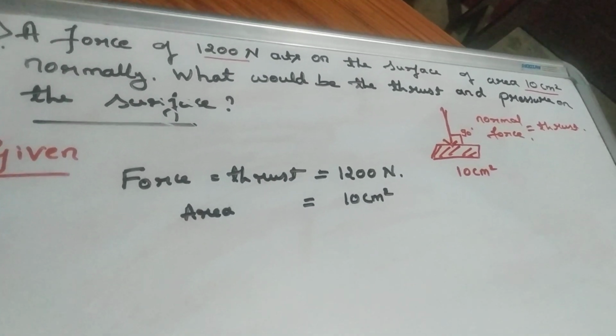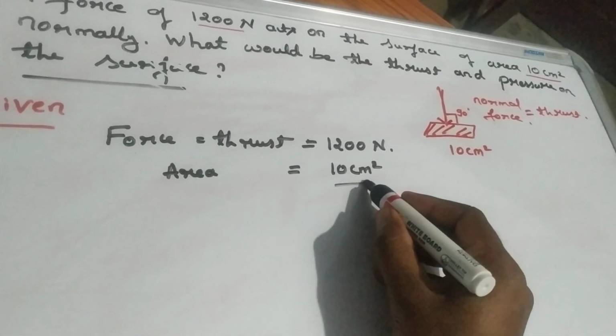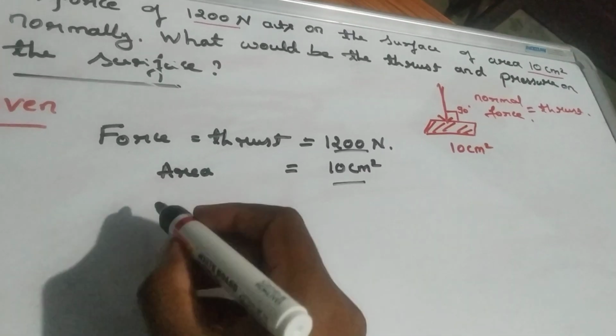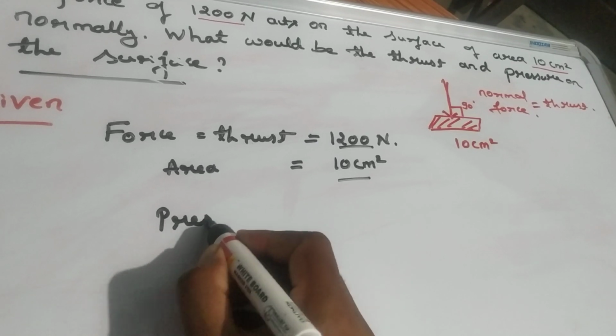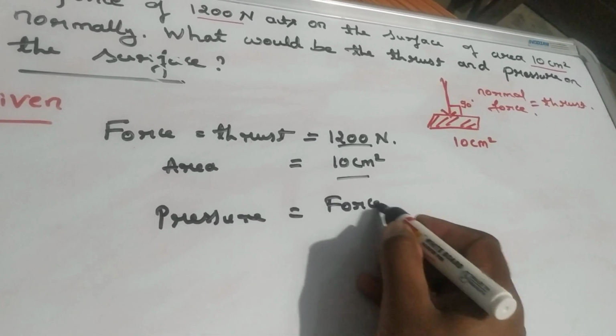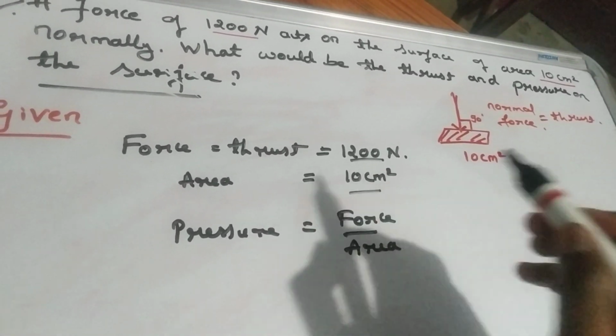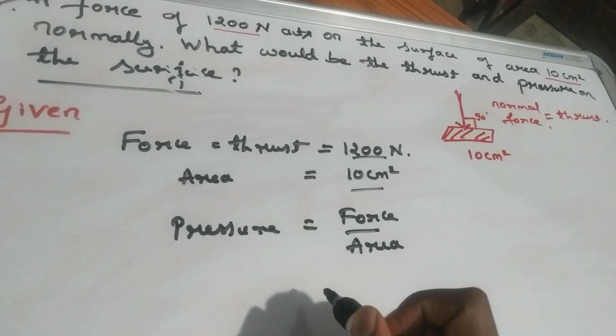After getting to know this, you should know the formula. The formula is pressure is equal to force per area. You know the force, you know the area, but one problem is there.